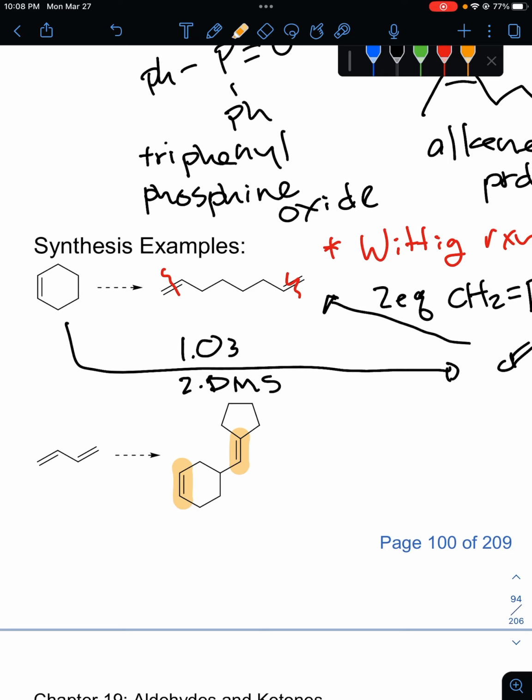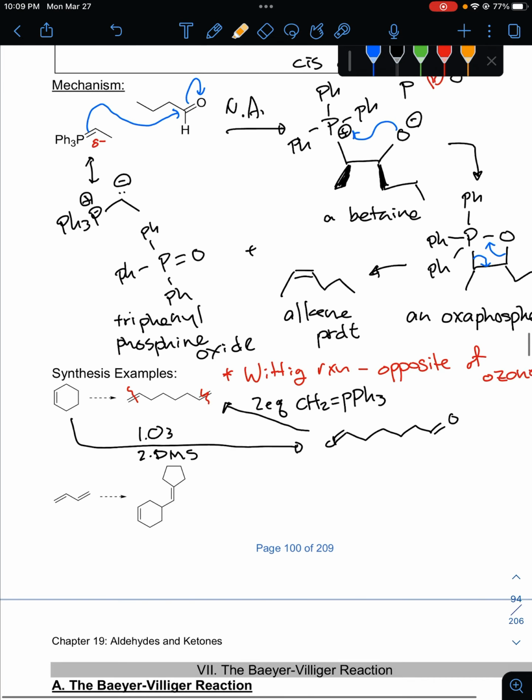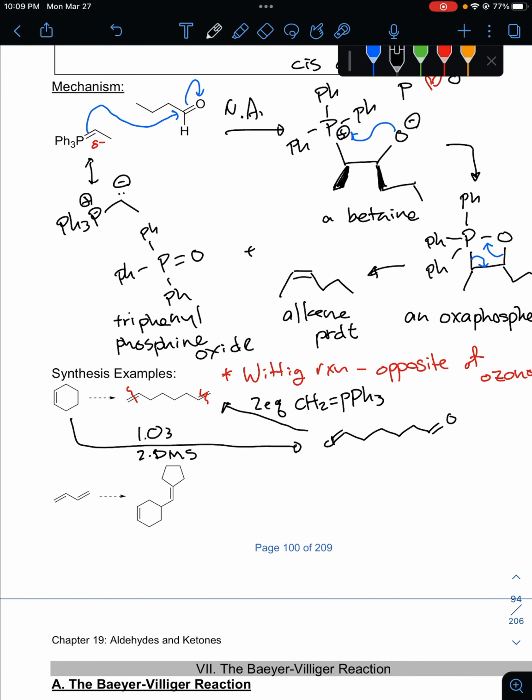And as you can imagine, if you go through the mechanism, it would be hard to do intramolecular Wittig, which means it's hard to make a cycle using Wittig reactions. Okay, so what we're going to do instead is we're going to make this double bond via Wittig.